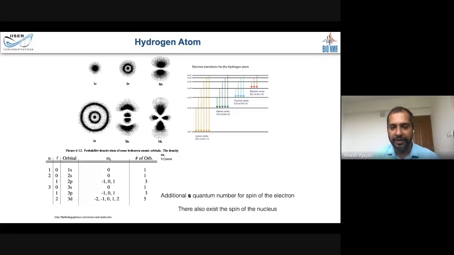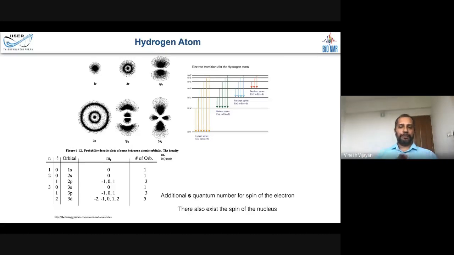They will have different energy if you apply a non-spherical magnetic field or an electric field. If you have a spherical magnetic field, they will all be enhanced by a certain value, but not split. But if you have a non-spherical magnetic field or an electric field, you will get a splitting in energies, or you will have different energies.